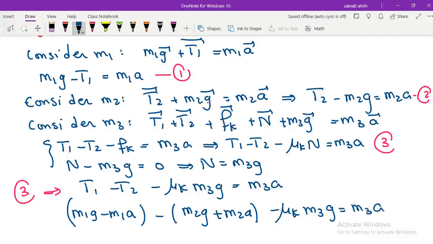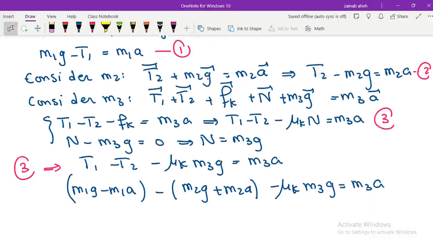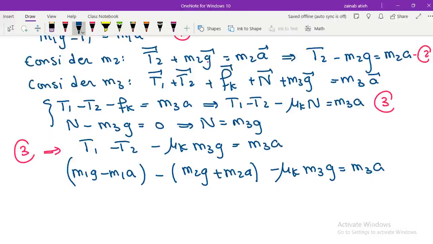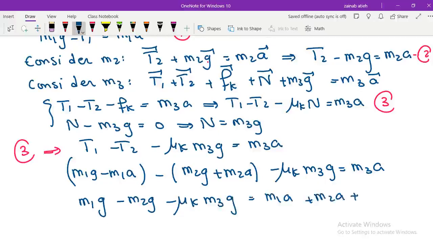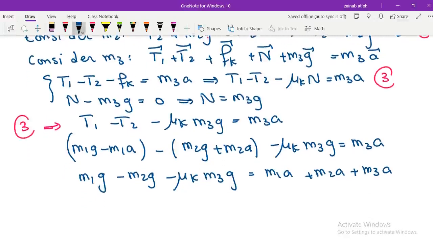Now what do I do? I have an equation with neither T1 nor T2. I gather the accelerations on the same side and find the acceleration. Everything is given. I will arrange: M1G minus M2G minus mu K M3G is equal to M1A plus M2A plus M3A, which is M1 plus M2 plus M3 times A. So I will take G common, it looks nicer.